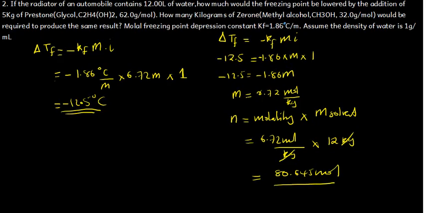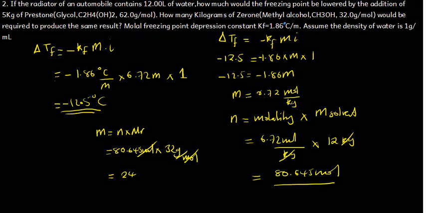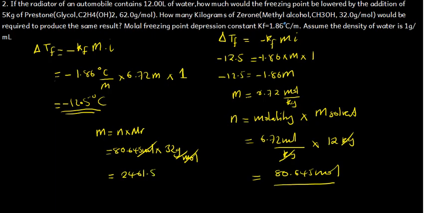Now convert these moles into mass, and we know that mass is number of moles times molar mass. So this is going to be 80.645 moles times the molar mass, which is already given there, 32 grams per mole. The mole and the mole cancel out, so that is going to give us about 2461.538.